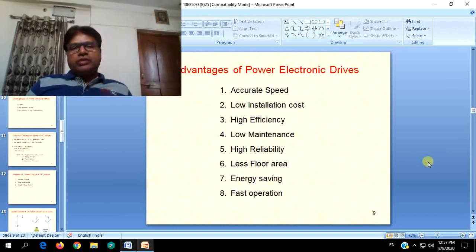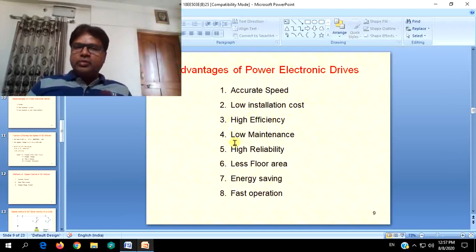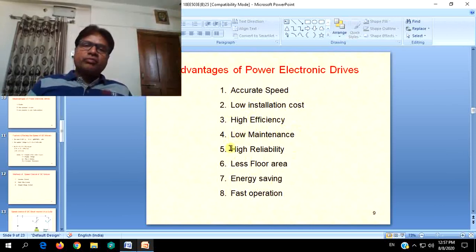So when we compare conventional drives and power electronic drives, the power electronic drives have certain advantages: you can achieve accurate speed, installation cost will be less, efficiency will be more, maintenance will be less, and high reliability, that is you can simply take them to be reliable.